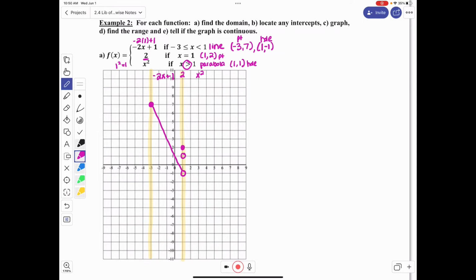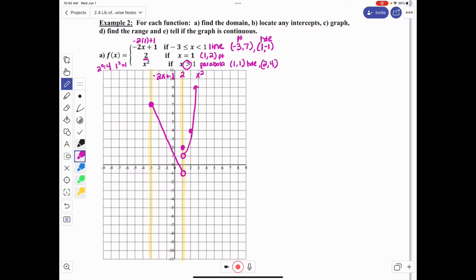So if I want to keep drawing this parabola, if I plug in a 2, so like 2 squared gives me 4. So if I get 2, 4, now remember this is a parabola. So it's going to have that curve shape to it.